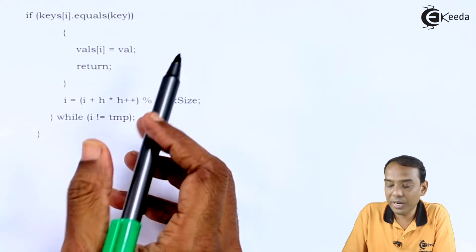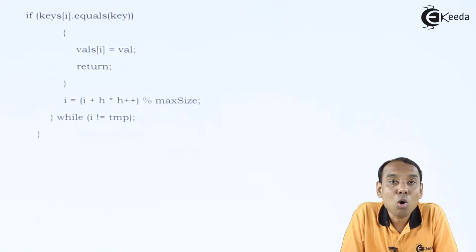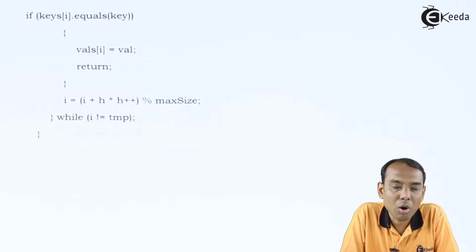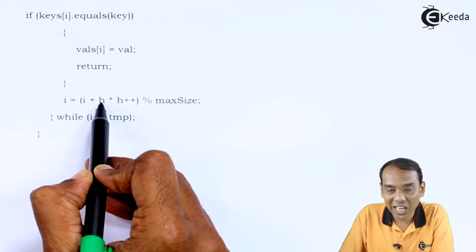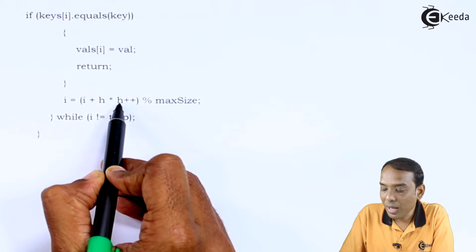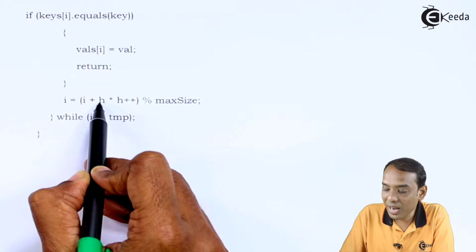This value is written. Now we will look at the quadratic polynomial to get the quadratic probing. You must remember, we are going to deal with the quadratic polynomial. Let's look at how to write it. I have written i equal to i plus h multiplied by h plus plus. We have taken the h value as 1.